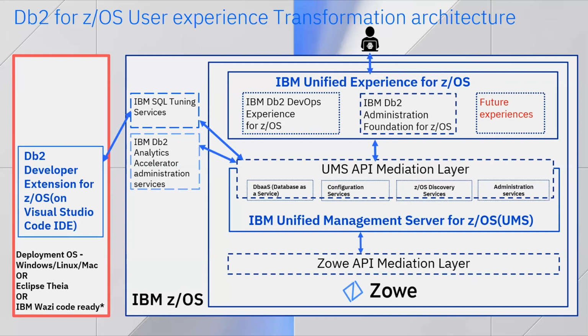Everything that the UI does is enabled in the back in UMS through APIs. There is absolutely nothing that the user can do on a user interface that is not doable through direct API invocation. And Jane talked about this briefly in the microservices architecture.